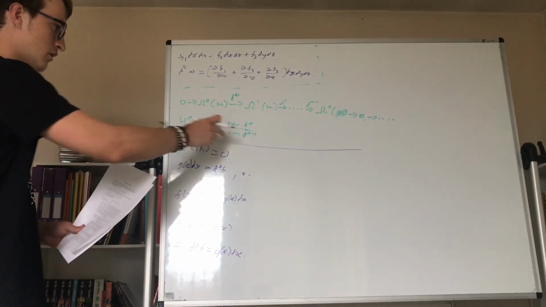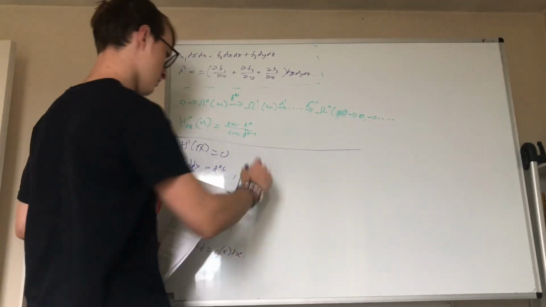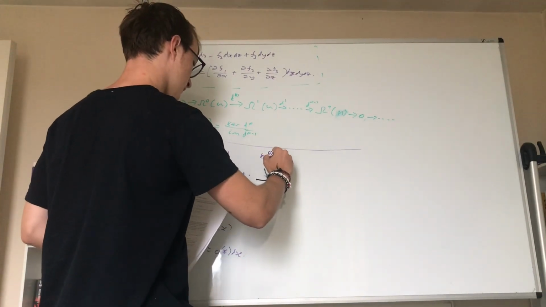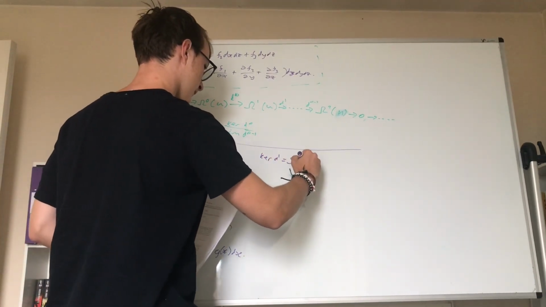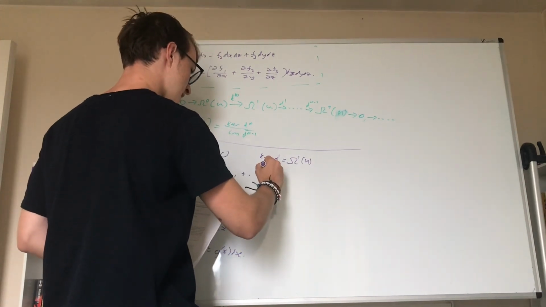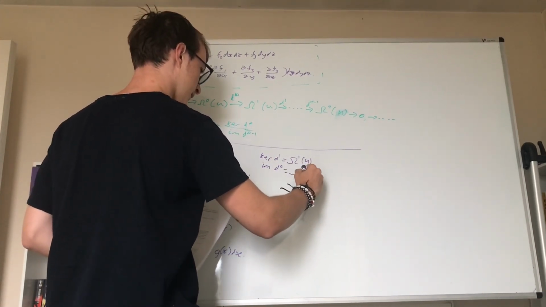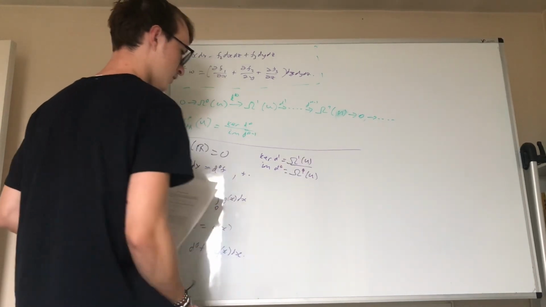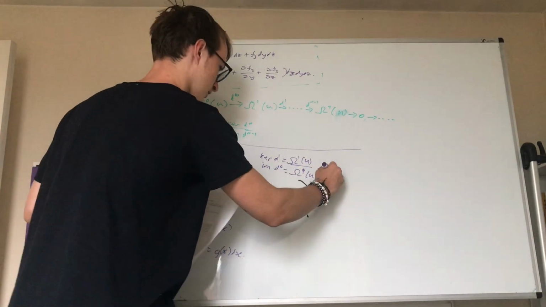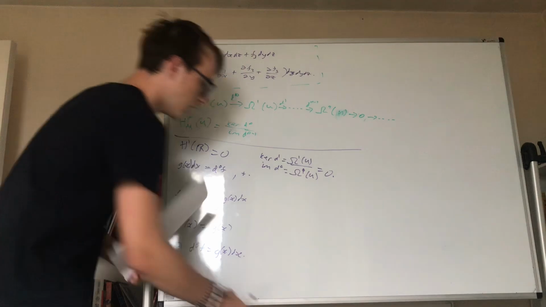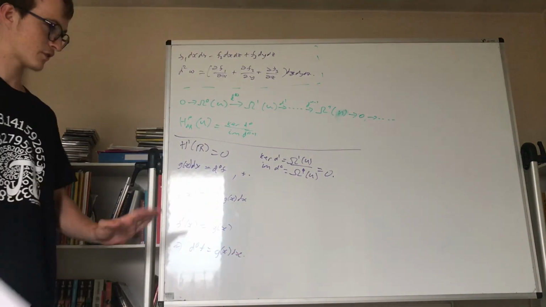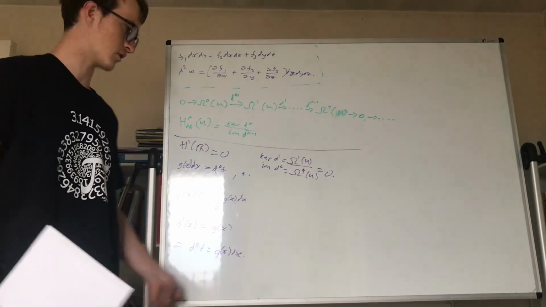So the kernel of d1 is equal to all of the 1-forms, but also the image of d0 is all of the 1-forms. And so when we take the quotient, we just get 0. Let's have a little breather here to interpret what we've actually done.